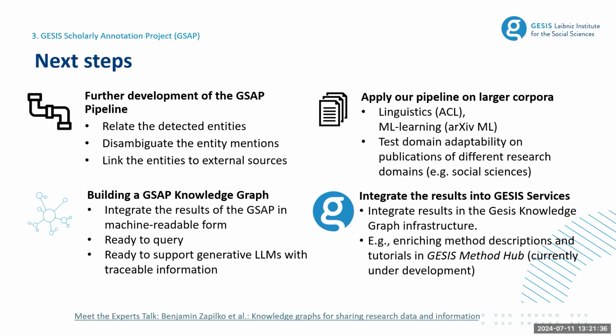And additionally, test the domain adaptability on publications from different research domains like social sciences. With this, we could build the GSAP knowledge graph, which integrates all the results and is ready to query, and also, for example, is able to support generative LLMs with traceable information, which is really useful from the research perspective.